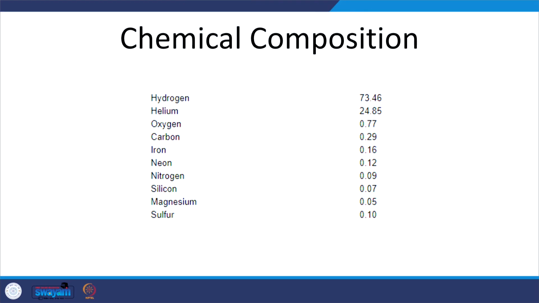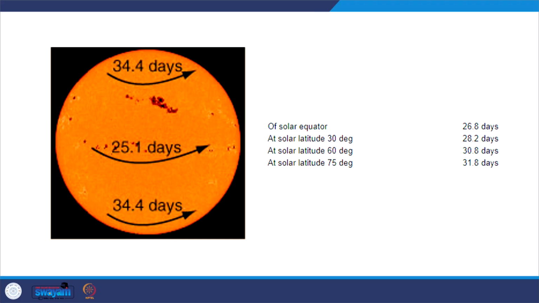Okay, now the chemical composition is hydrogen and helium, mainly dominating, oxygen, carbon, iron, neon, nitrogen, silicon, magnesium, sulfur, and nearly many other naturally occurring elements are present in a reasonable concentration on the sun. Because when you put it in perspective, all these, although very small fractions, are still much larger than the mass of the earth itself, right? So we cannot neglect them, right?